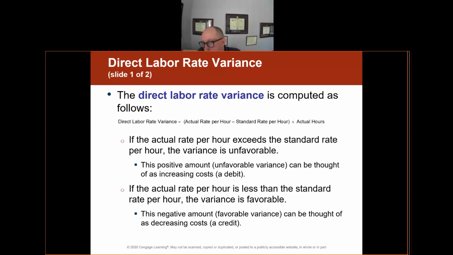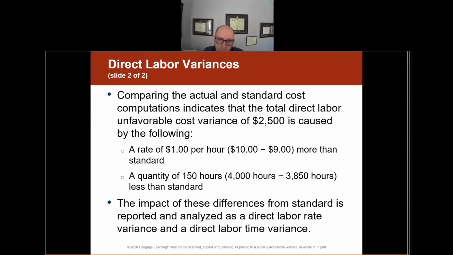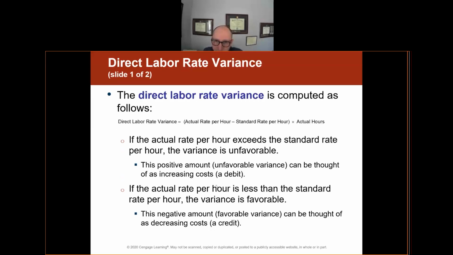So that's $1 times actual hours. My actual hours, 3,850. 1 times 3,850 is 3,850 of direct labor rate variance.